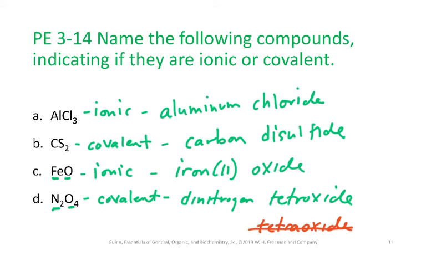It's not tetraoxide, it's tetroxide. Okay, so good practice to be able to identify and differentiate ionic and covalent, and then be able to name them appropriately and correctly based on that.